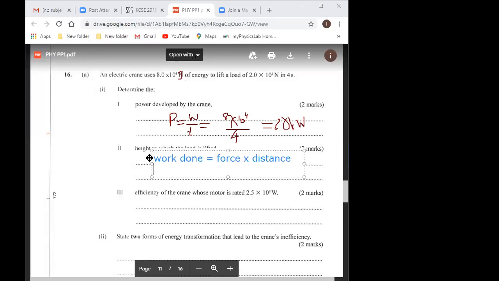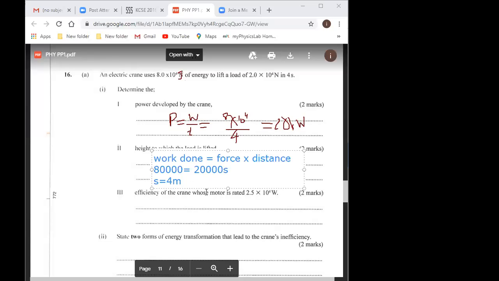If this is the case, the amount of energy is this one, which is equivalent to the work done. Therefore, 8 times 10 to the power 4, which is the same as 80,000, is equal to the force, this load of 20,000, multiplied by the distance that we don't know, s. So dividing every side by 20,000, we now get our s as 4 meters. Then we move to the next question.